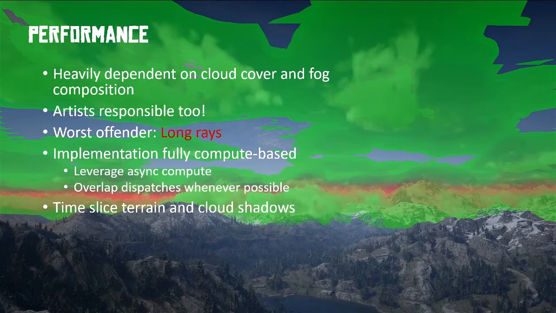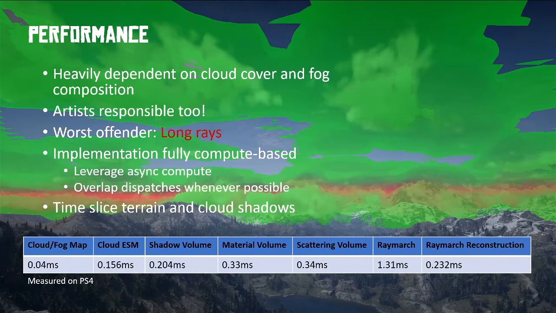On top of that, we also time slice certain things like the terrain shadow map and the cloud shadow map, where the cloud shadow map is basically done and fully rebuilt over 16 frames. And these are the numbers that we are getting on PS4 base. The ray march reconstruction is a fixed cost, and the ray march and of course the volumetric approaches are based on data. And as you can see, yes, the ray march is the slowest component.